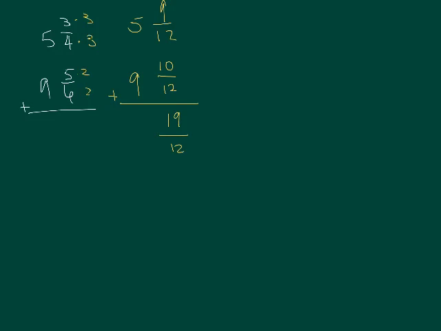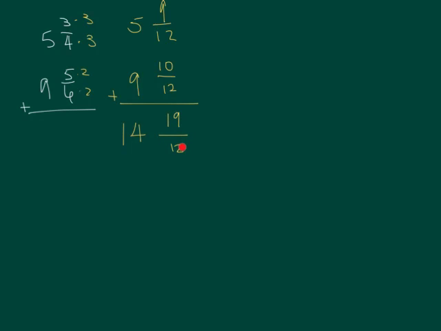And my 5 and 9 is 14. We're not completely done yet, because the mixed number we get for an answer has a fractional part that is an improper fraction.